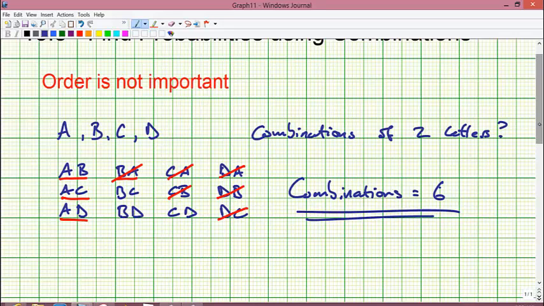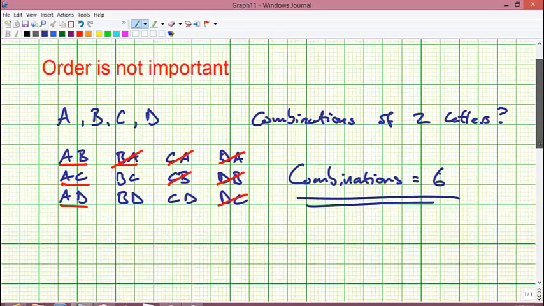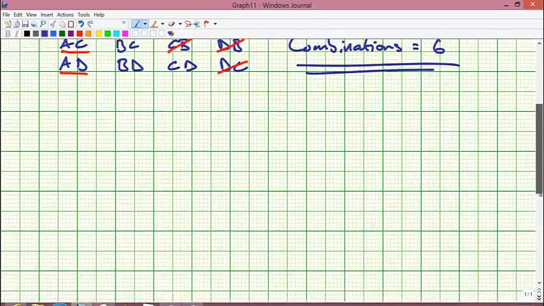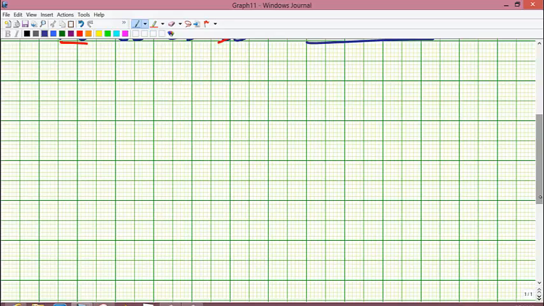And as before, it becomes tedious to write all of these out every time we do a problem. We have a formula to calculate this, and our formula is this. The letter for combination is C, so we have nCr, and the formula is n factorial divided by n minus r factorial, just the same as permutations, but then multiplying by r factorial there.